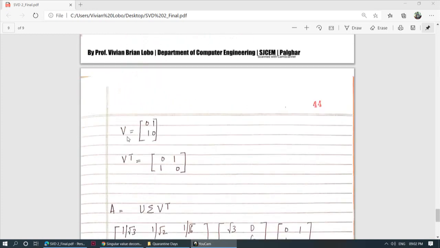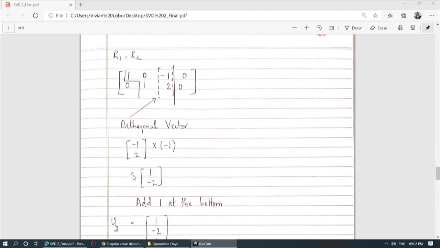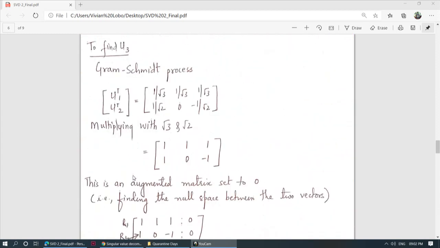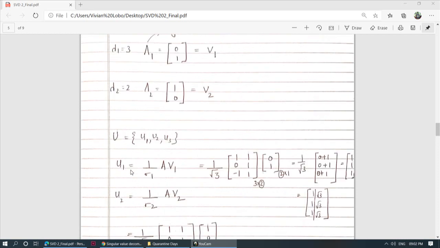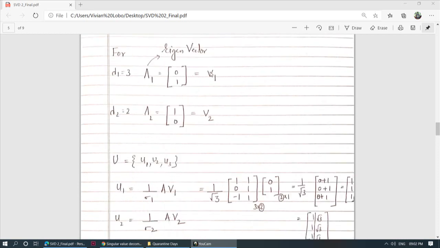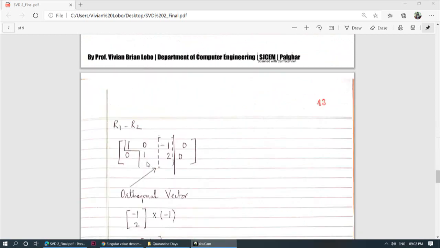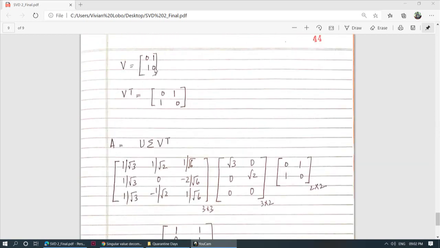Now finally, we know the eigenvectors. This is obtained from the value of V, that is V1 and V2 over here. Alright, so 0, 1 and 1, 0. So here we need to get the transpose. So this is V. The transpose also remains the same.